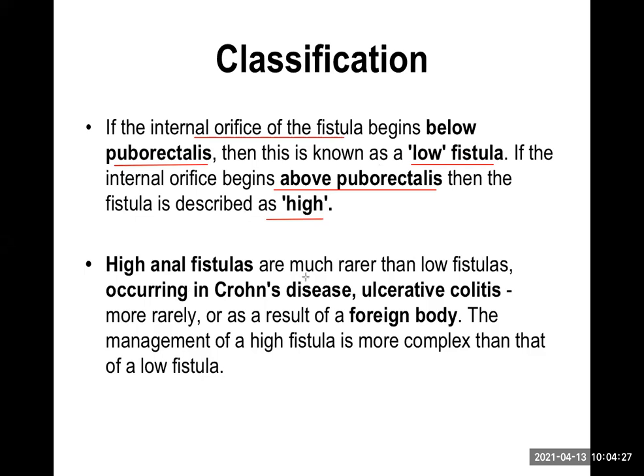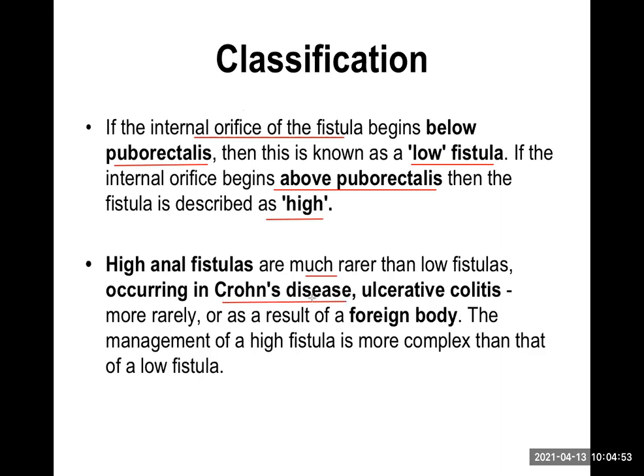High anal fistulas are much rarer than low fistulas, and they usually occur in a condition known as Crohn's disease. You have studied Crohn's disease before, maybe in internal medicine, but I'm not sure. If you have not studied, you will study very soon in the GI system. Crohn's disease is a part of inflammatory bowel disease, just like ulcerative colitis.